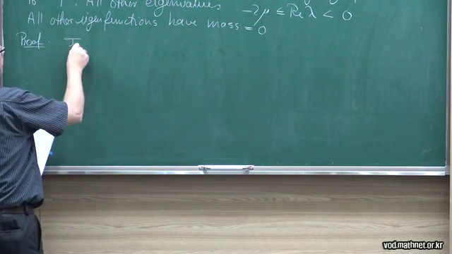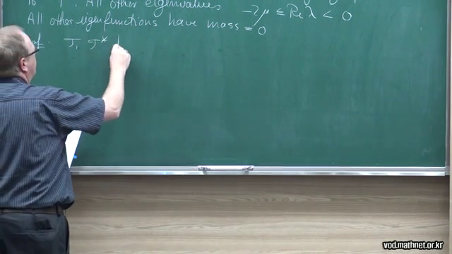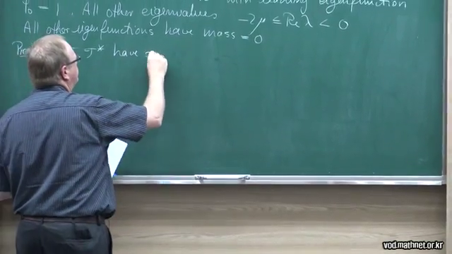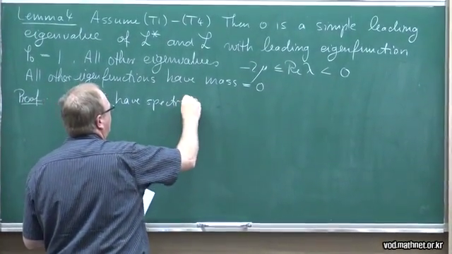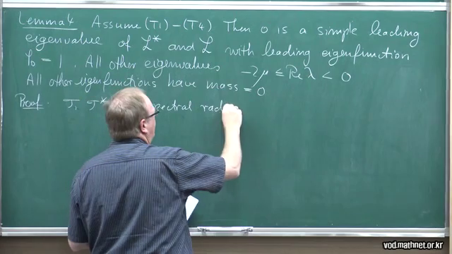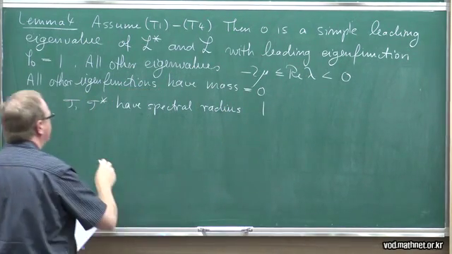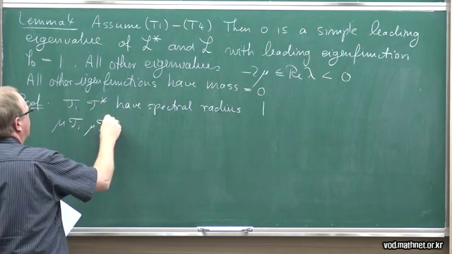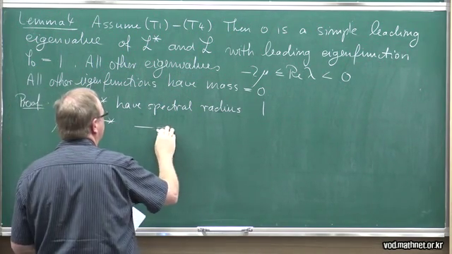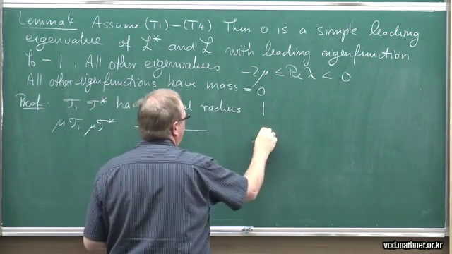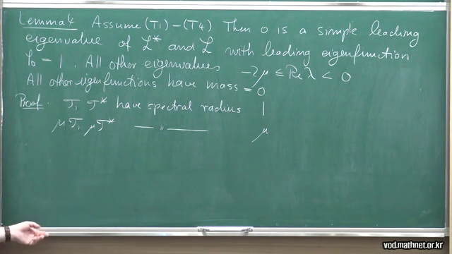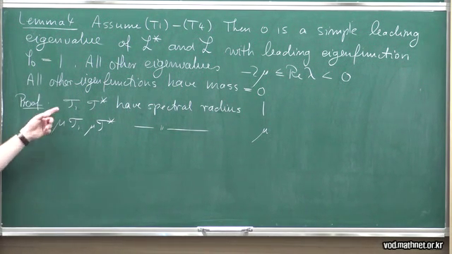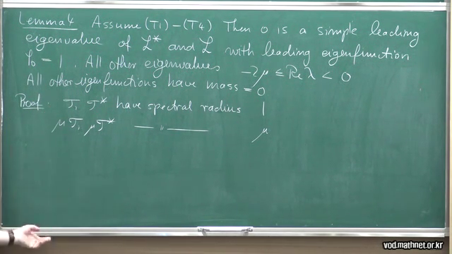So T and T star have spectral radius 1. So if I multiply this as mu T and mu T star, then they have spectral radius mu. And then 1 is the leading eigenvalue here, so mu is the leading eigenvalue here.